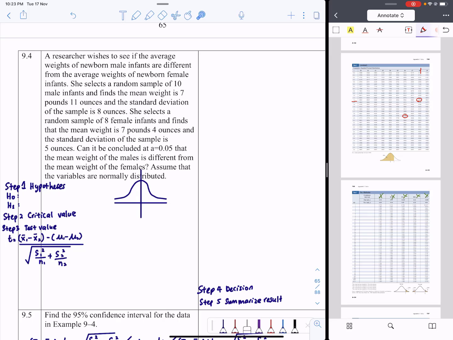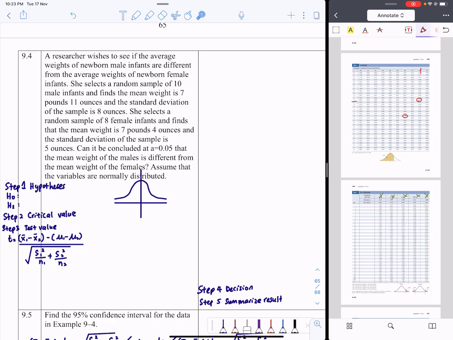The standard deviation of the sample is 8 ounces. She selects a random sample of 8 female infants and finds the mean weight 7 pounds 4 ounces and standard deviation of the sample is 5 ounces. Can it be concluded at alpha 0.05 that the mean weight of male is different from mean weight of female? Assume the variables are normally distributed.